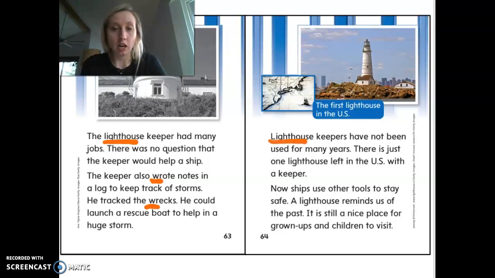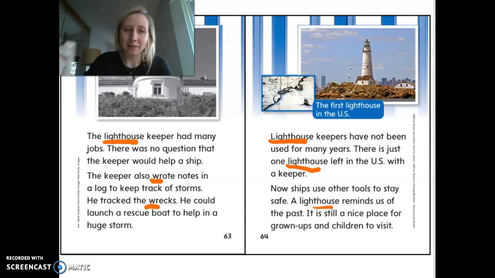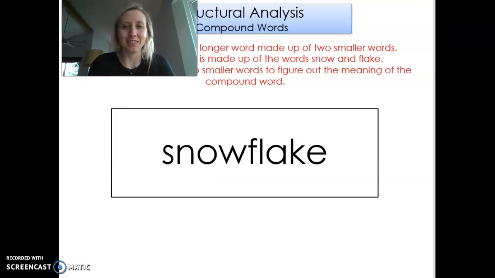Lighthouse keepers have not been used for many years. There is just one lighthouse left in the U.S. with a keeper. I wonder where that is. Now ships use other tools to stay safe. A lighthouse reminds us of the past. It is still a nice place for grown-ups and children to visit. Okay, let's see. I'm going to have to look that up, where that lighthouse is.